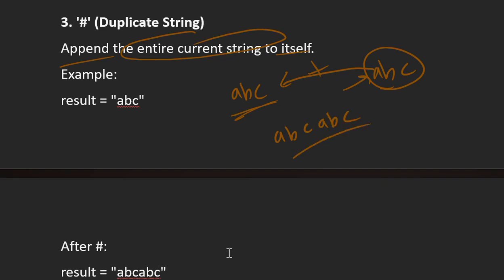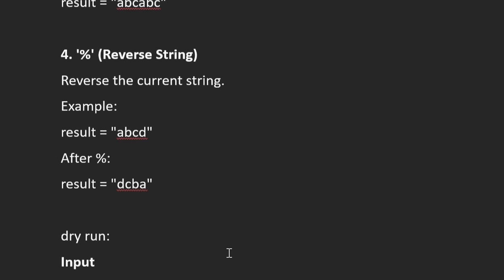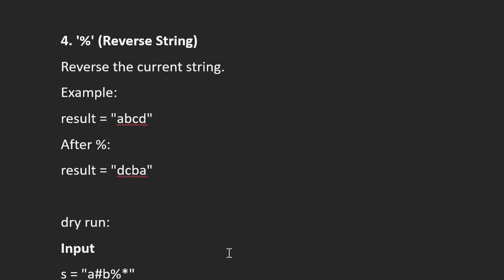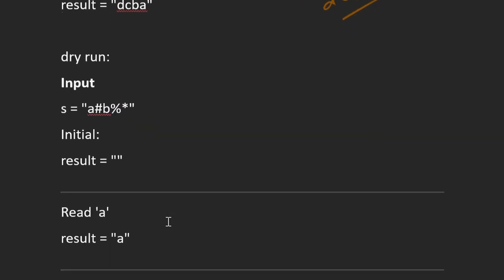So when we get a hashtag, we directly duplicate the string and append it to itself. And the last operation is percentage, which is reversing the string. If our result is abcd and we reverse it, we get dcba, right? So these are the four operations that we have to handle.